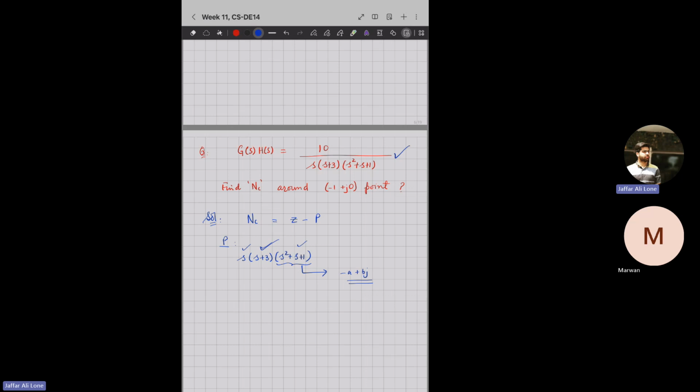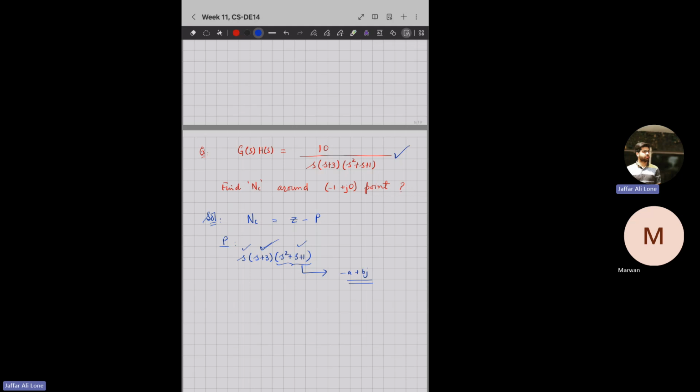When we draw the Nyquist contour, we do not incorporate the region of poles, so we will carefully bypass these poles.